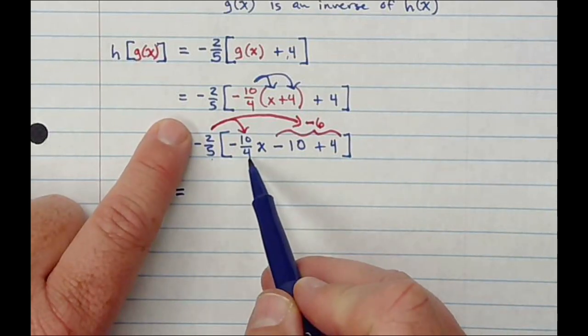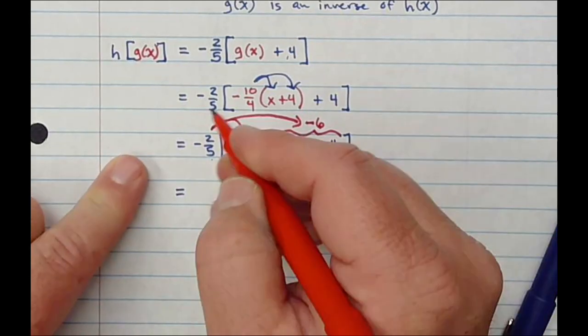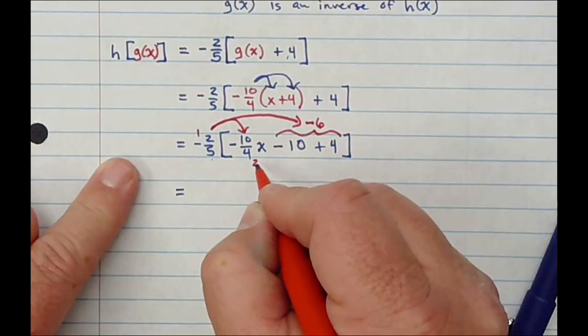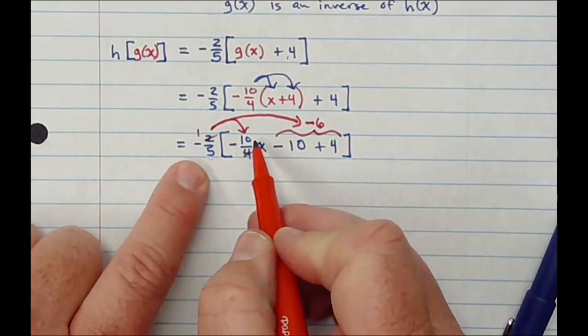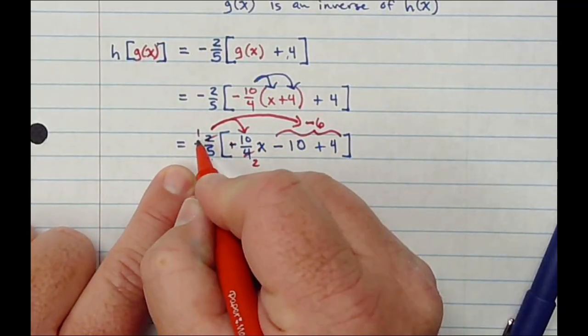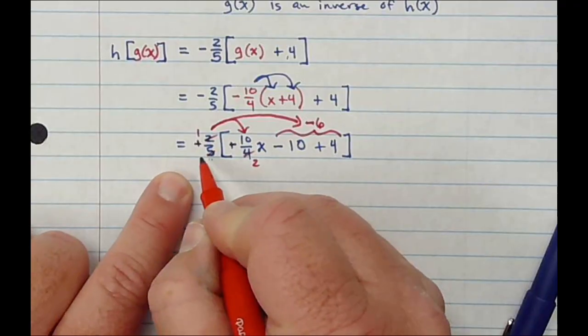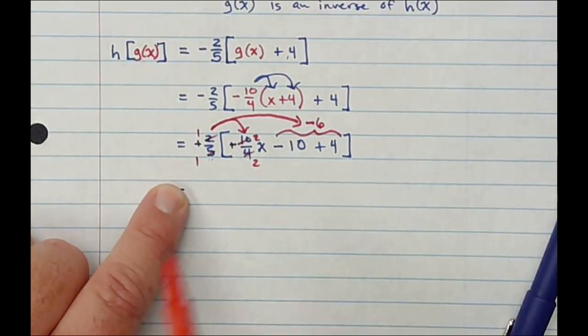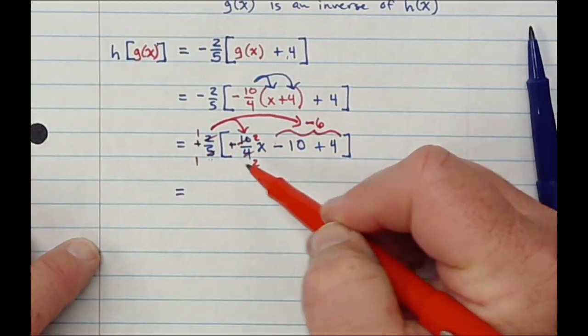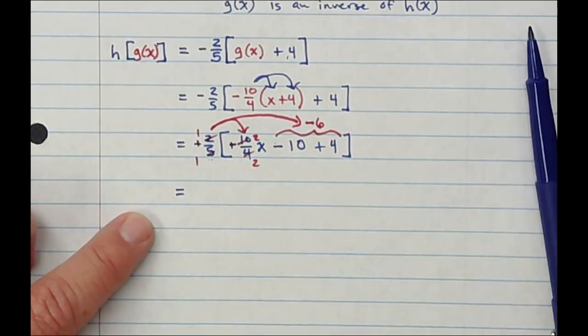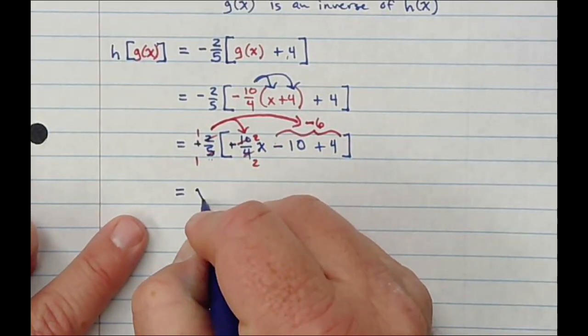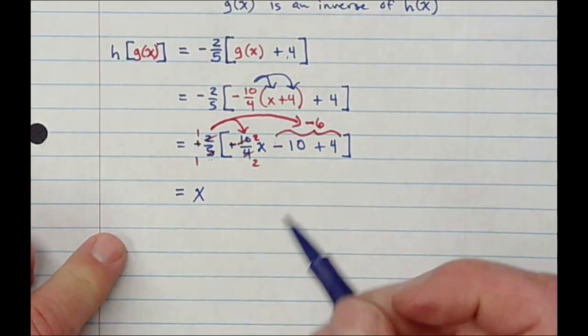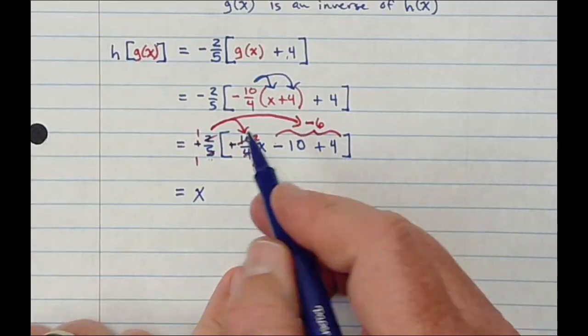The 2 and the 4 are going to give me 1 and 2 respectively. The 5 and the 10 are going to become 1 and 2 respectively as well. The 2's become 1, the 1's become 1, so this is just going to leave us with a single x here. And then we still had minus 6.